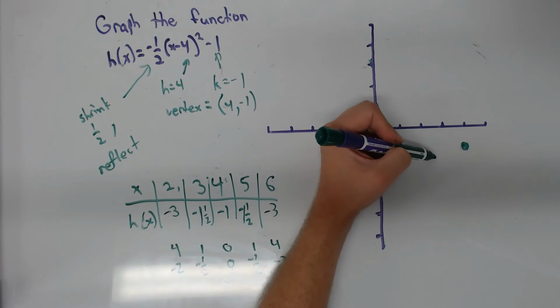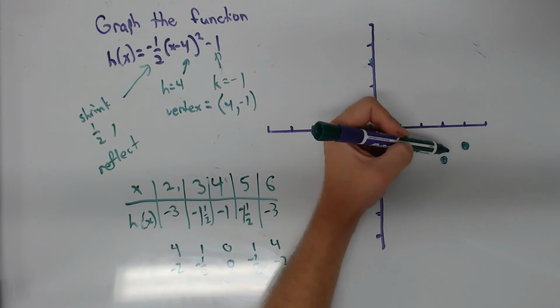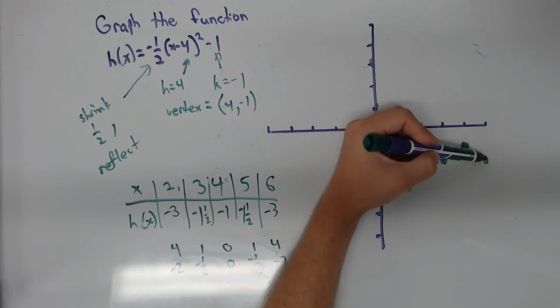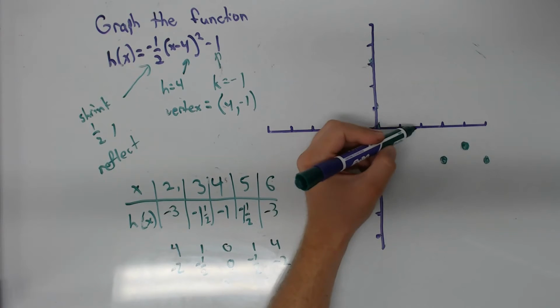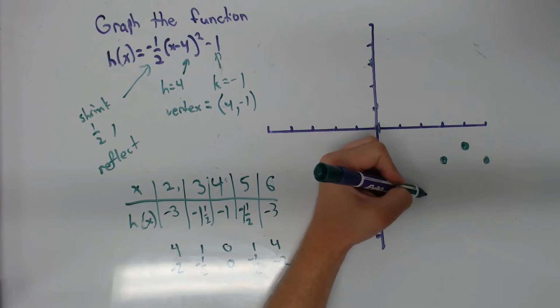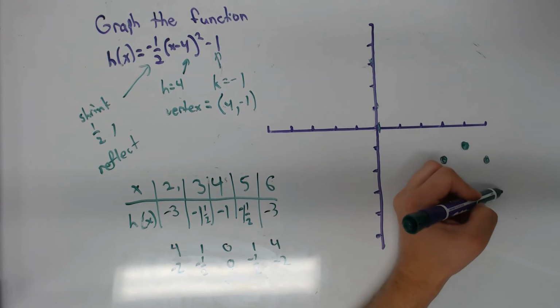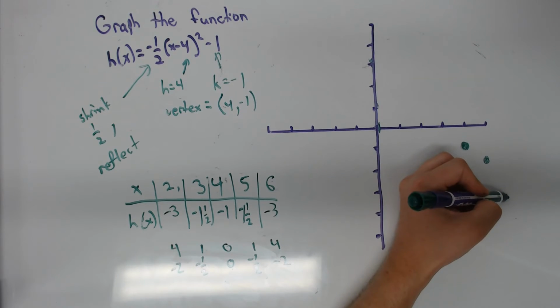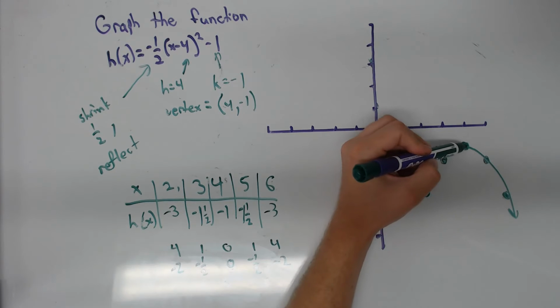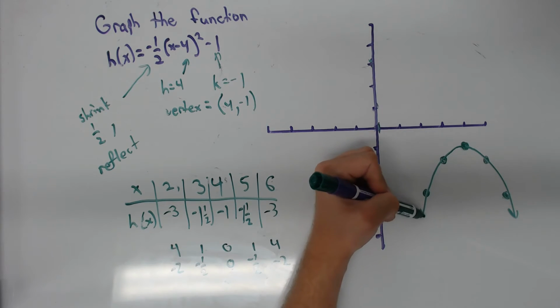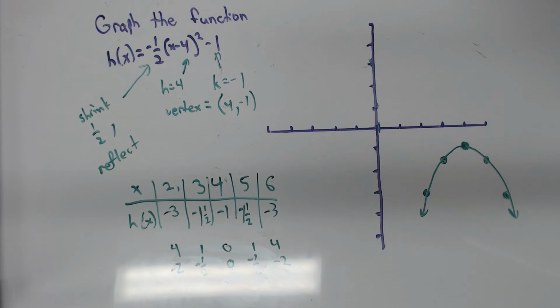So -2, -1.5 is like right there. 5, -1.5. 2, -3. It's like right here. 6, -3 is a little bit off the edge this way, but we can manage. So it's much shallower, much flatter than the last one was.